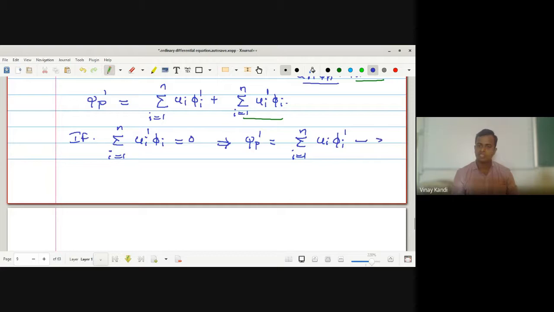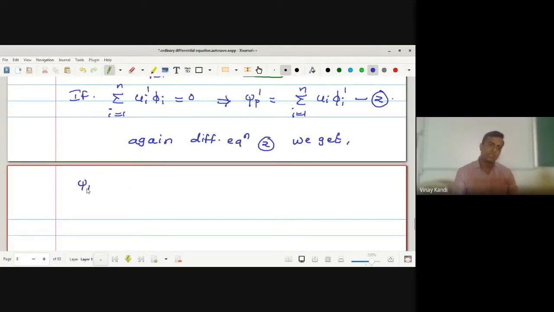Give it as equation number 2. Okay, again differentiate equation 2. What do we get?